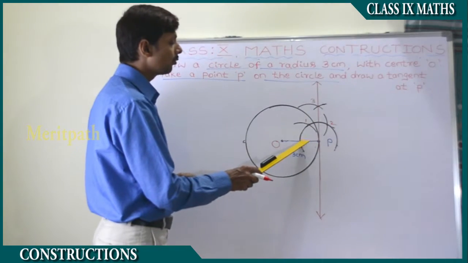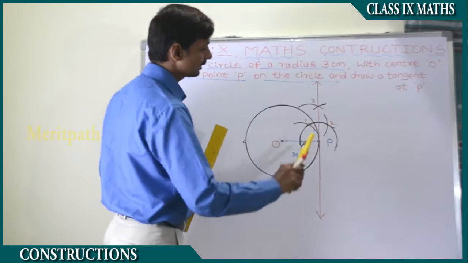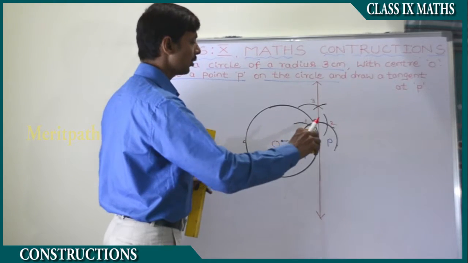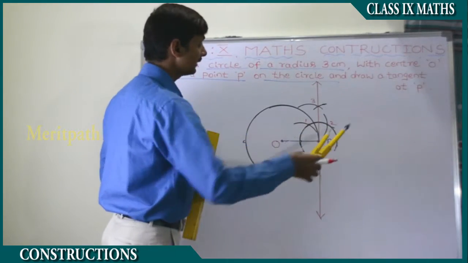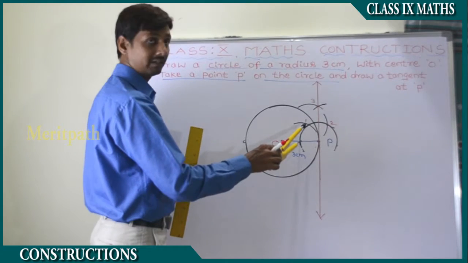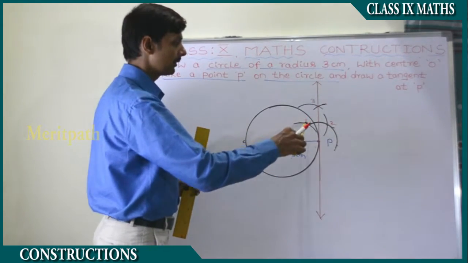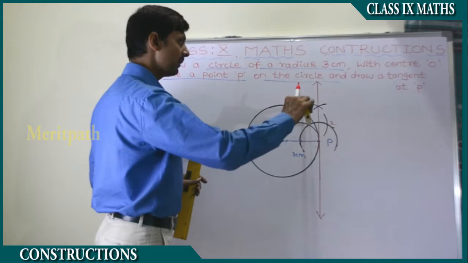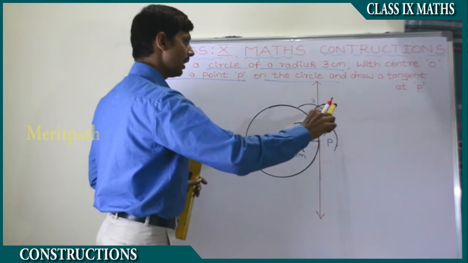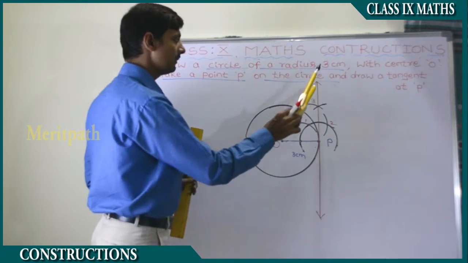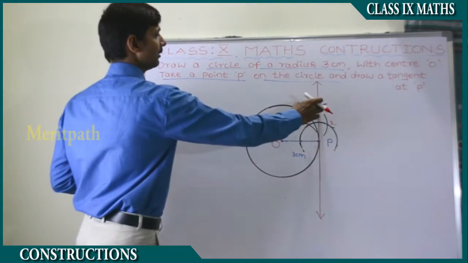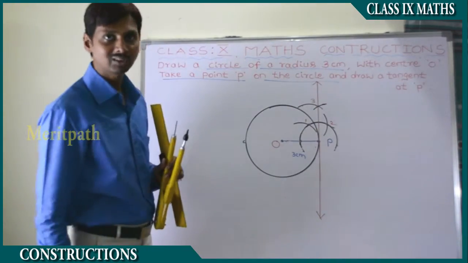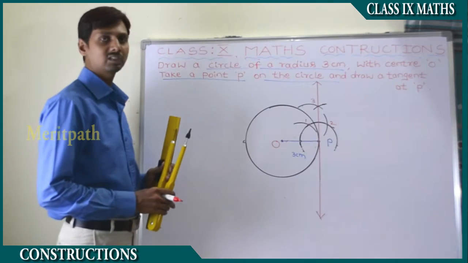And then we got another point here, and using this point, we make an arc above the same arc. Using the recent point, we made an arc, and using 1 and 2, we made arcs here, and these 2 are intersecting. And let's take this point 3 and point P. Point P and point 3 we have joined. We got a tangent, and this is the required tangent we got.